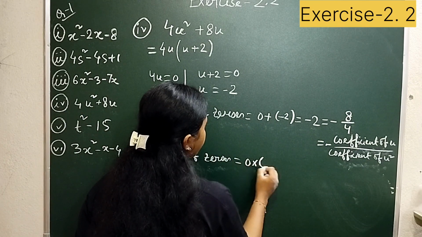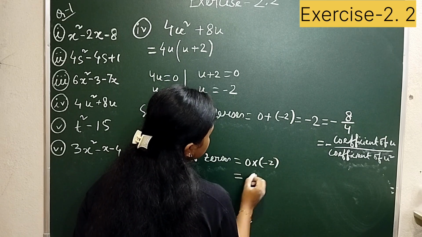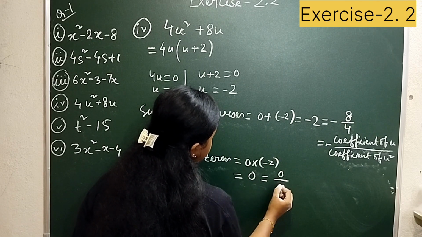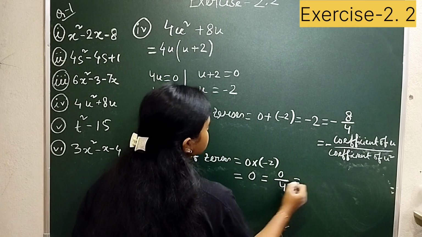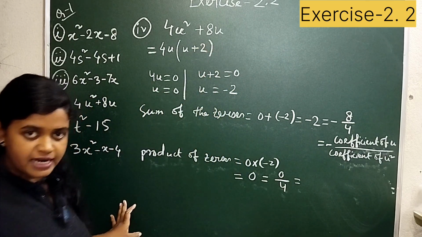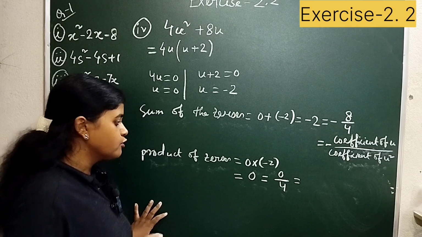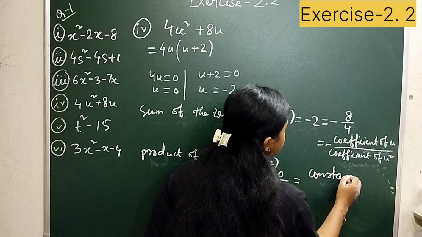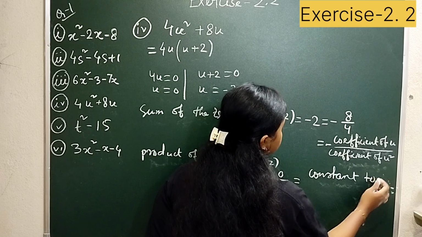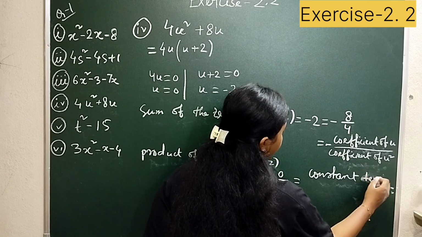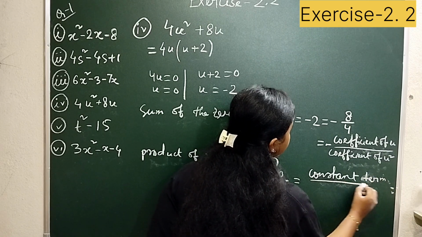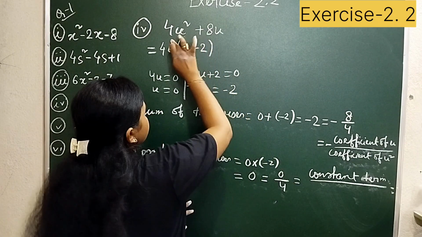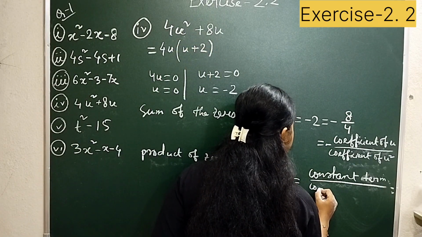0 into minus 2 means 0, and 0 can be written as 0 by 4. And 0 is what? Here the constant term is absent, that means the constant term is zero. So the constant term divided by 4 is the coefficient of u square.